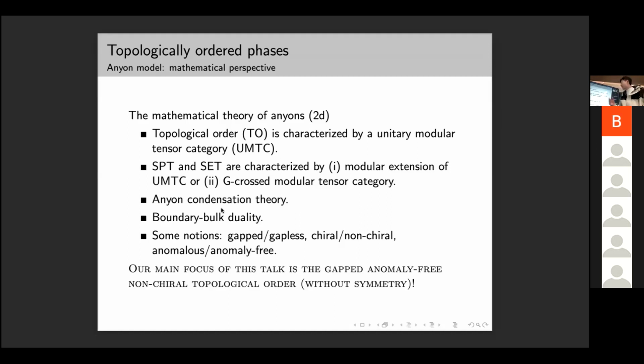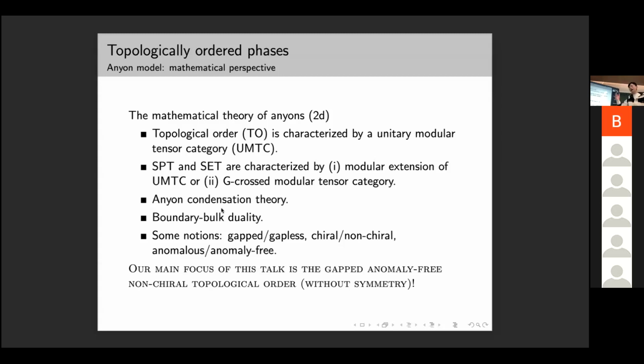And for the SPT and the SET phases, it's more complicated. They are characterized by some more complicated mathematical structures. If we introduce some symmetries, there are two equivalent ways to describe these SPT or SET phases. The first one is the modular extension theory, the modular extension of the UMTC.